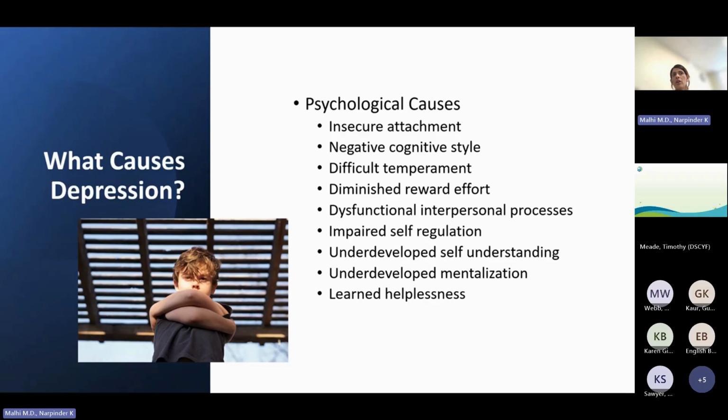Or an authoritarian versus authoritative type of parenting style, where there is more coercive parenting. That can be one of the risk factors for the development of depression. And then the inborn, inherent temperament of the child while growing up puts them at a higher risk for conflict with the parents, which leads to more psychological causes for the development of depression.